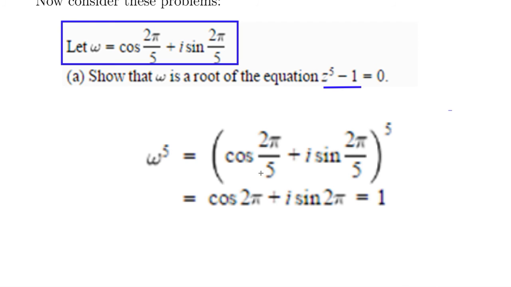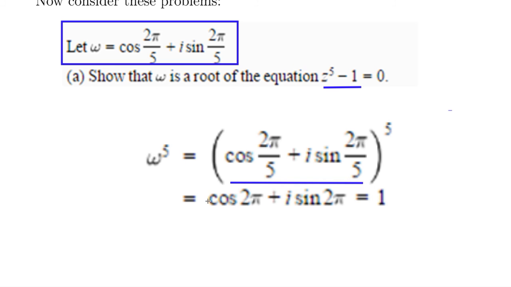This we know is in complex number form, so there's no reason why we can't apply De Moivre's theorem. If I apply De Moivre's theorem, a 5 would fit in there, and in so doing, they would cancel and leave cos 2 pi.